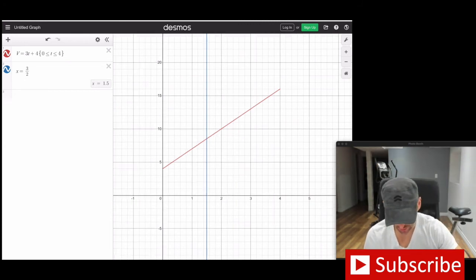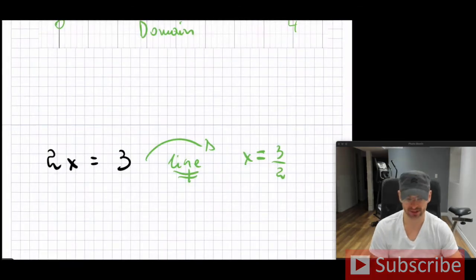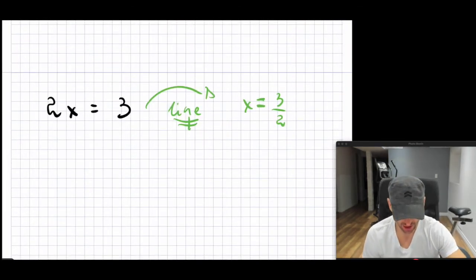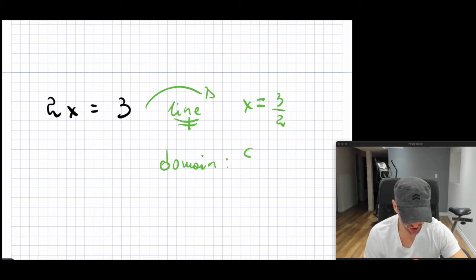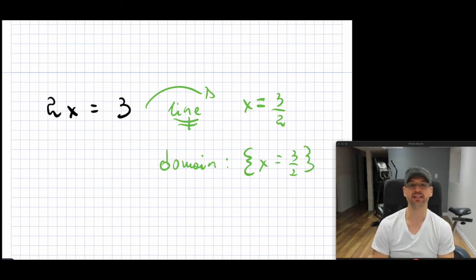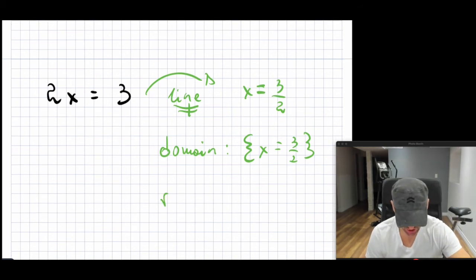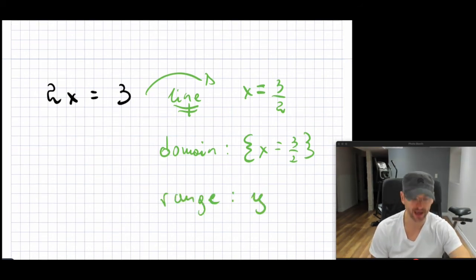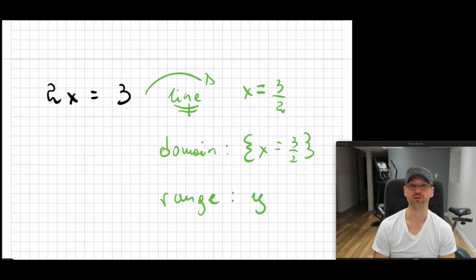So this was a great example of trying to understand the domain and range. Here, your domain is basically just a single point where x is equal to 3 over 2. That's your domain. It cannot live in any other input. But your range is not restricted. Your range, your output y, is basically any real number.